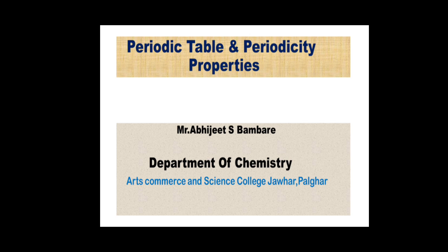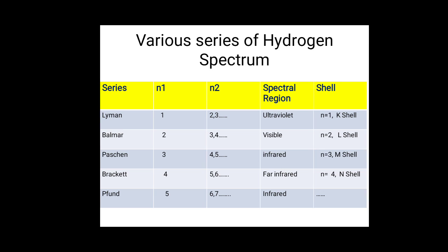Then in the Balmer series, N2 is equal to 3, and they return to the lower level, where n is equal to 2 in the L shell. That means the excited electrons get transmitted from the higher energy level to the lower energy level in different shells. Lyman series: n equal to 1 in the K shell.